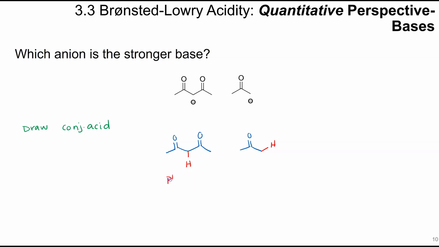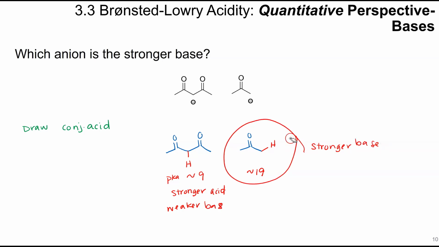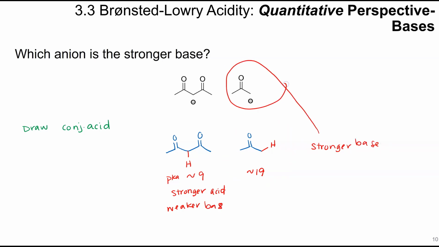So this pKa was around 9, and this one was around 19. So this one would be a stronger acid, which means that it will be the weaker base. So that one right there would be the stronger base.